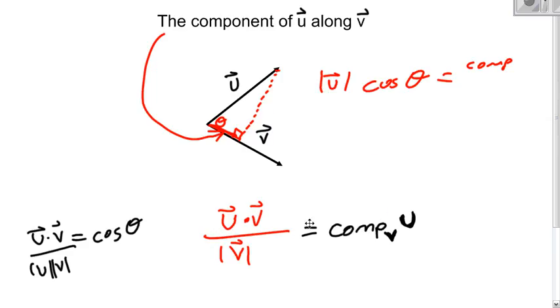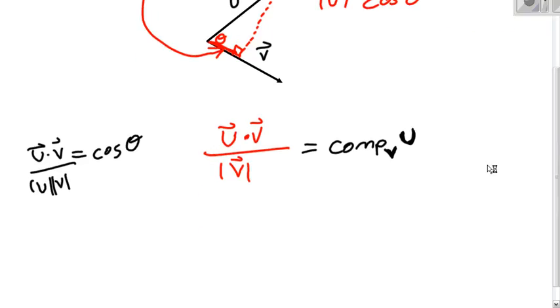We have the magnitude, so we need the direction from v. To get the direction from v without the magnitude, you just take the vector v and divide by its magnitude to get rid of its magnitude. That leaves us just the direction of v.